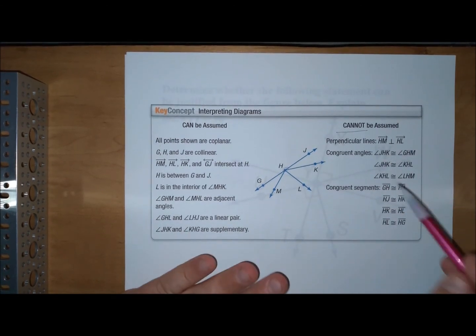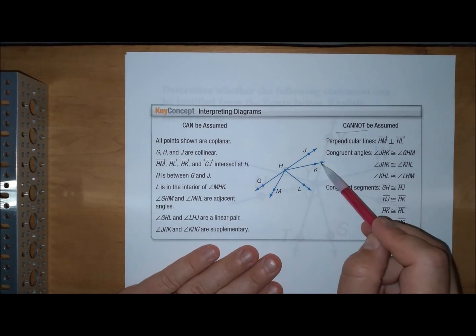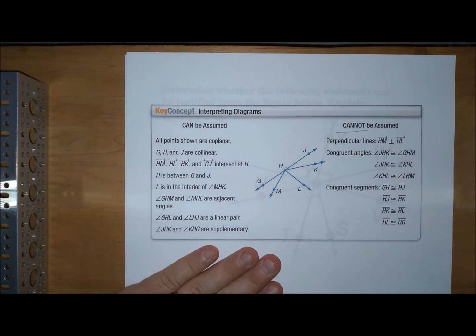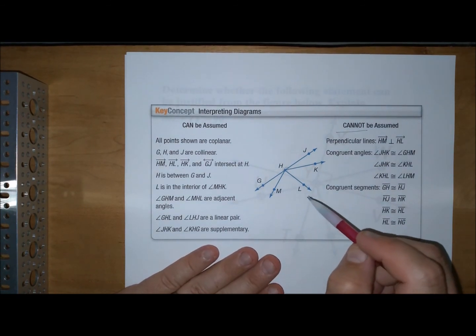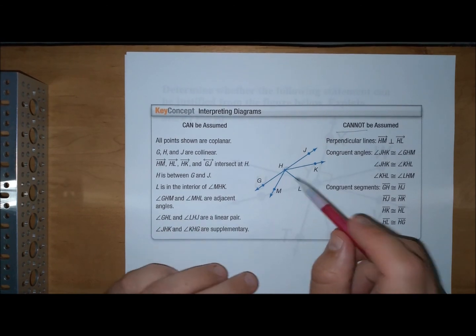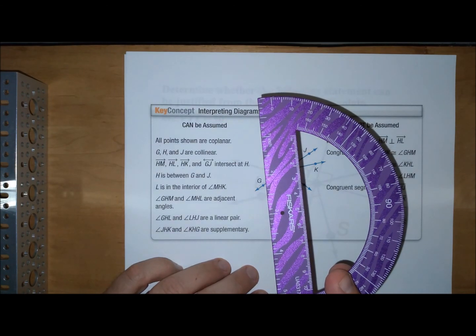We cannot assume that any of these angles are congruent. We cannot assume that JHK is congruent to GHM. They look like it. Even if I pulled out my protractor and measured them and found they had the same measure, I can't assume that they're congruent. Sometimes things are drawn not to scale. And don't forget, all measurements contain error.